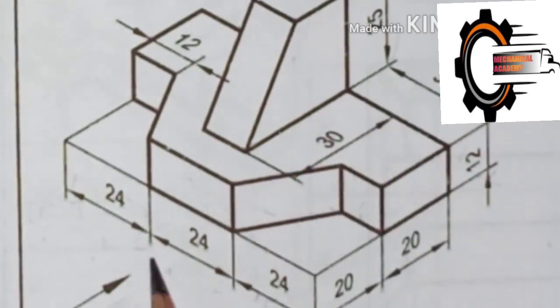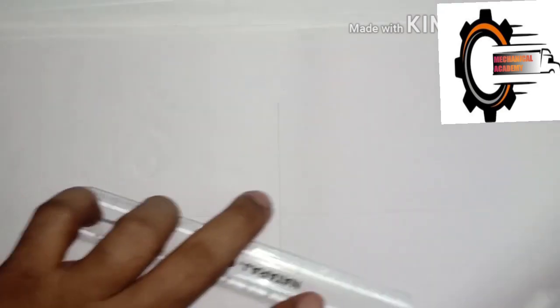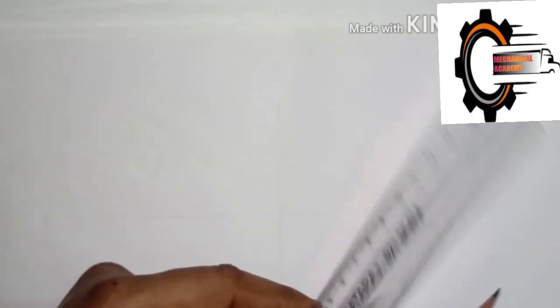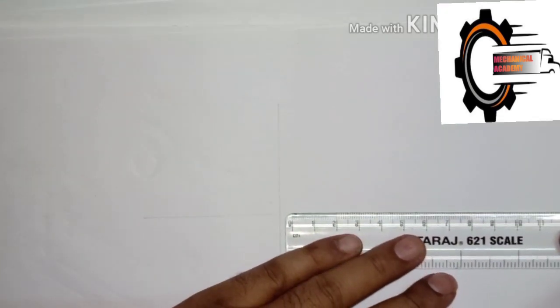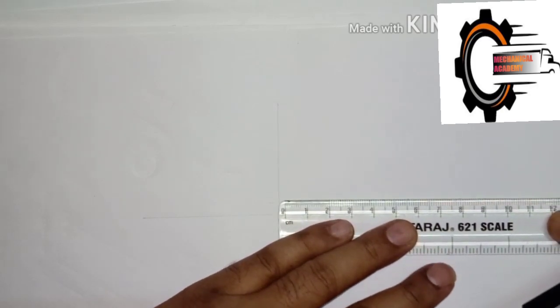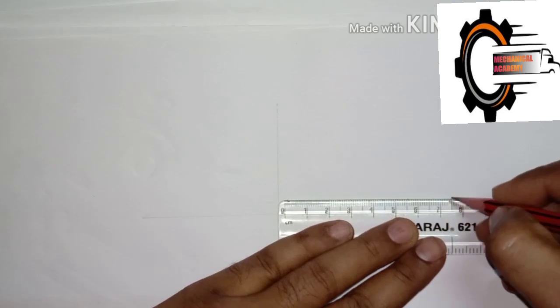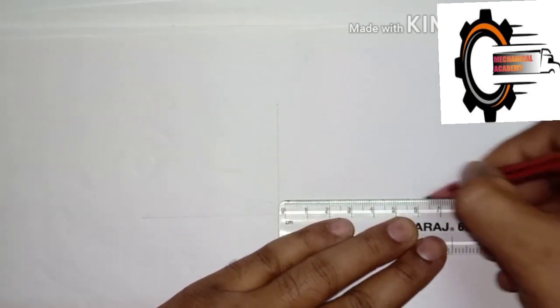So let's draw the front view. First of all draw the horizontal lines. Let me draw one horizontal line of 72 mm.